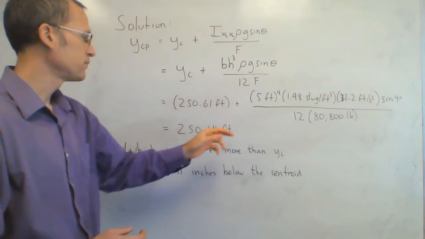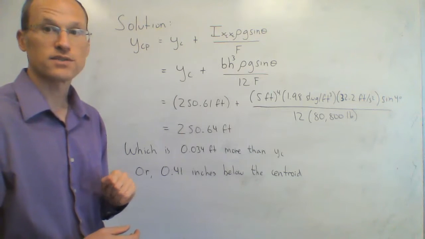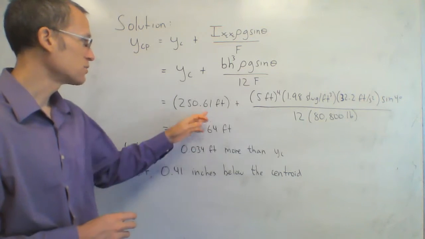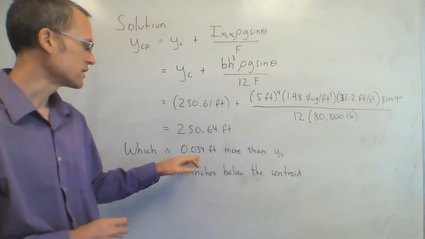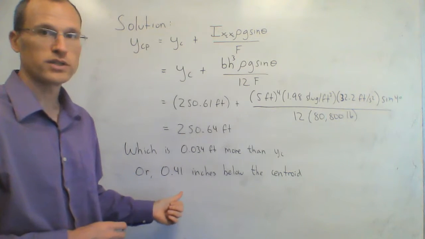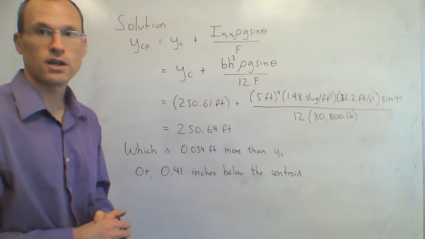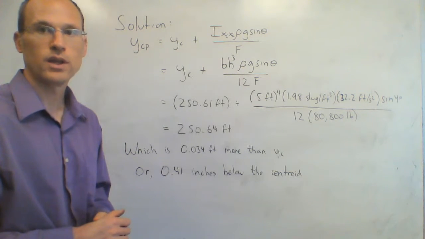Plugging all that in gives a center of pressure value of 250.64 feet, which is not very much more than my centroid. In fact, only 0.034 feet more than yc, which is 0.41 inches. So basically, center of pressure here is located 0.41 inches, a little less than half an inch, below the actual centroid of the plate.